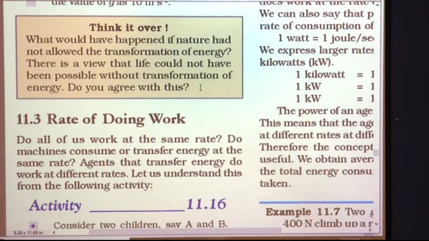Otherwise, no food would have been prepared by the plants, we would not have got energy by eating food, and we would not have got heat, light, anything, because of the absence of transformation of energy.